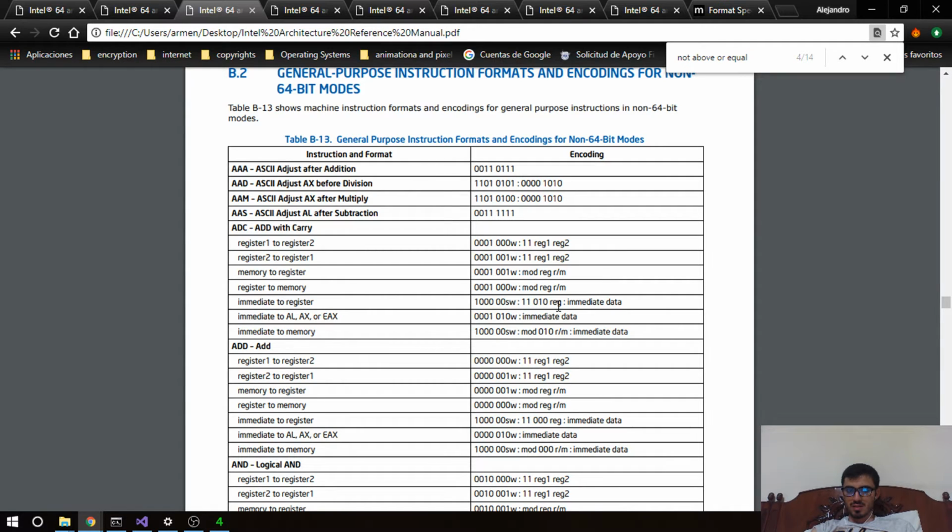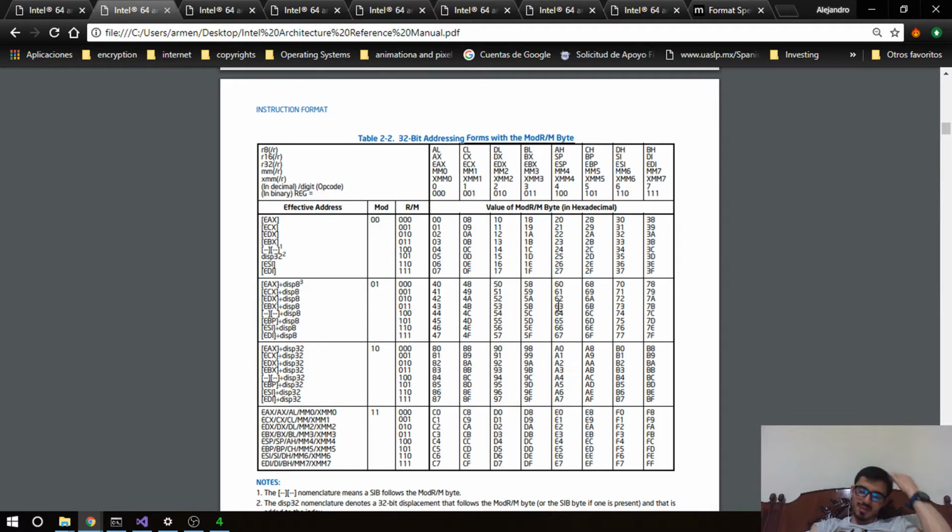And that's it. So the tables, they complement each other. We cannot just say we're going to use this table and not the other table, because it would not be complete. So what we have to do is look at both tables.